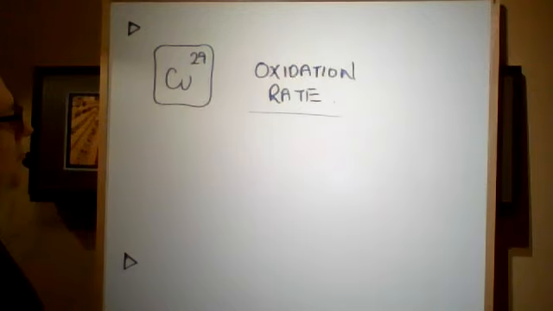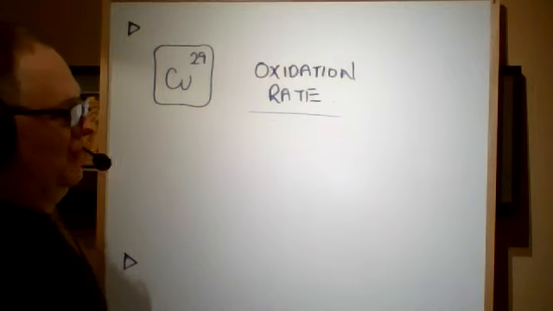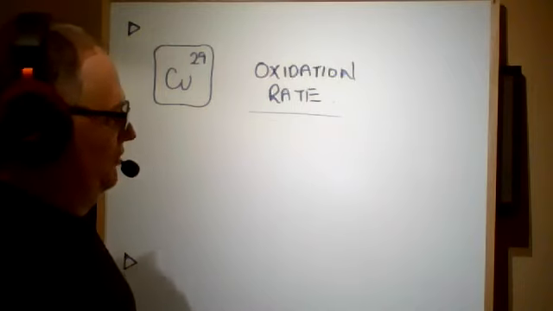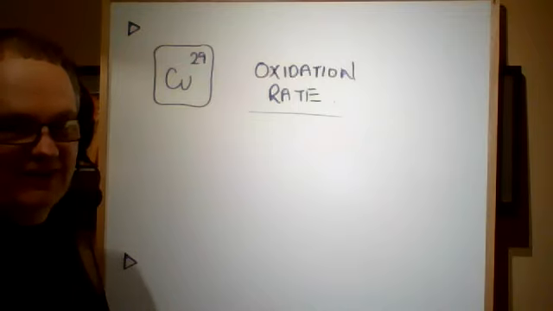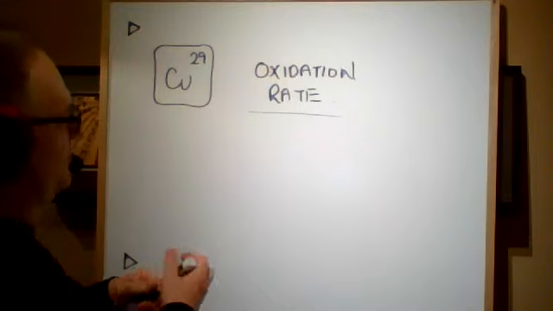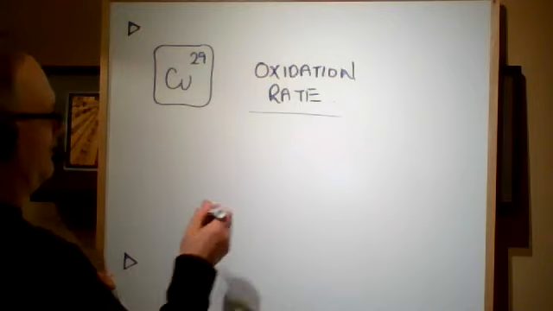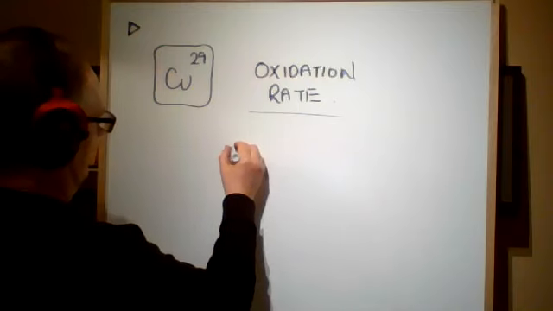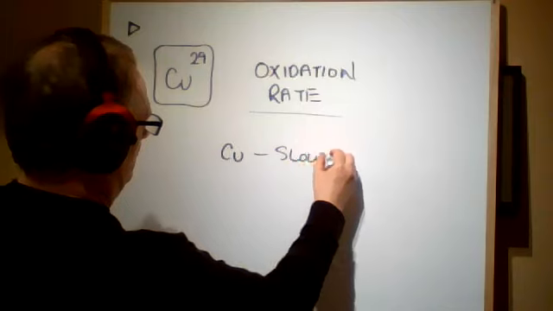All right, we need to take a look at copper in terms of its oxidation rate. Now, most materials, when exposed to atmosphere, will develop some sort of an oxide layer. Copper is no exception. The rate of oxidation is fairly slow. So I would say for copper, it's slow.